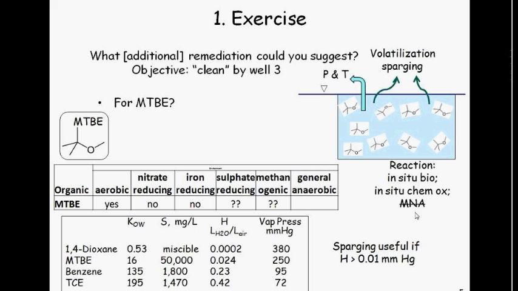There is MTBE at well 3. What about pump and treat? Okay, KOW is really low. Solubility is huge. So that means it really likes to stay in the water and won't sorb. So probably pump and treat would be ideal.